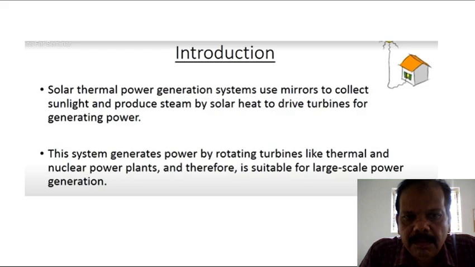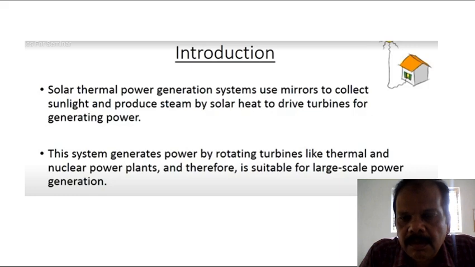This system, that is, solar power plants, uses the heat energy from the sun's radiation for converting water into steam, and the steam will be used to run the turbines, which are coupled to the generators, which will generate the electricity.